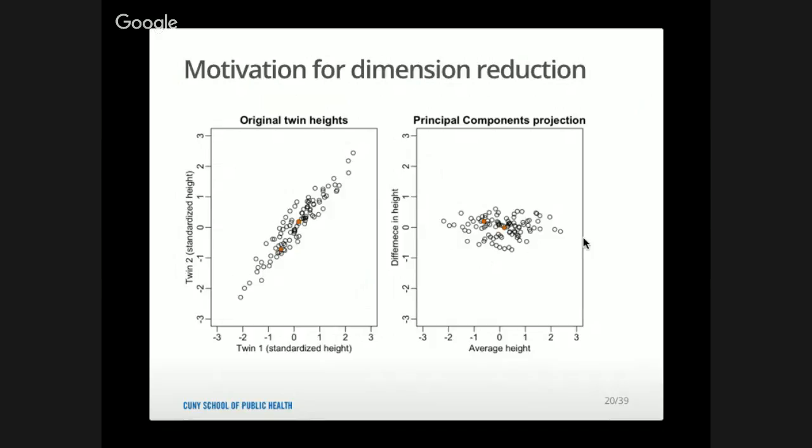This first axis, the average height, contains most of the information. If we were to use only one number, this average height, we would lose a little bit of information, but we've gone from 2 measurements down to 1. This is the basic idea of principal components analysis and multidimensional scaling: to achieve dimension reduction through an optimal rotation of data onto a different coordinate system.